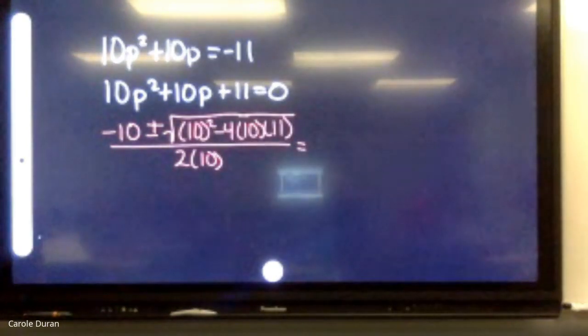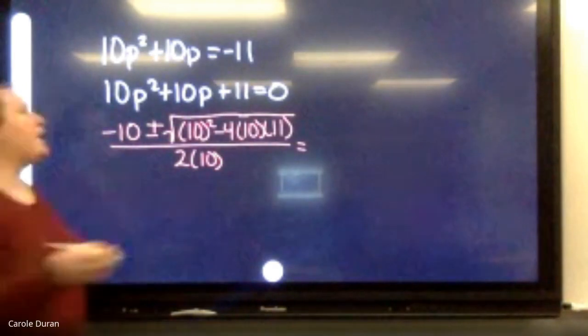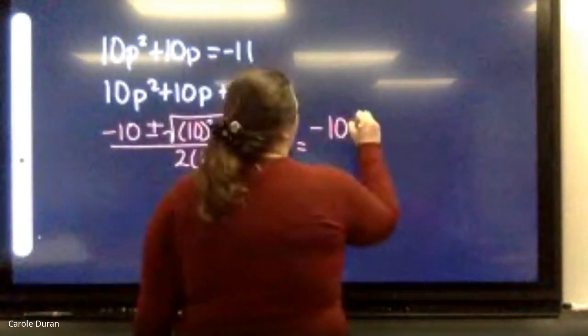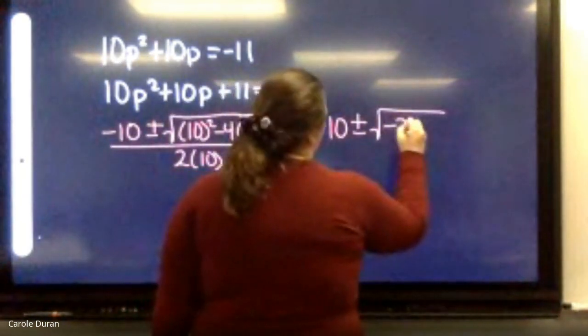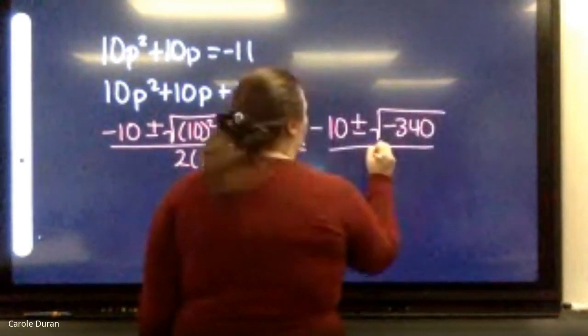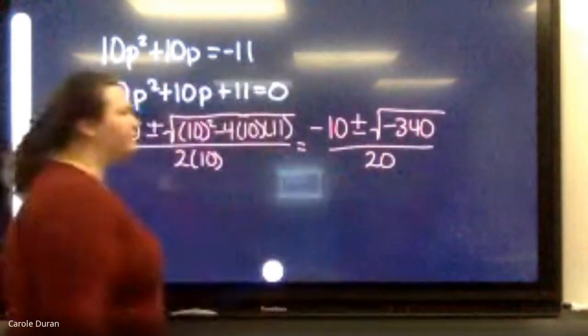What do I get under the square root? Do the 10 squared minus the 4 times 10 times 11. Negative 340. So I have negative 10 plus or minus the square root of negative 340 over 20.